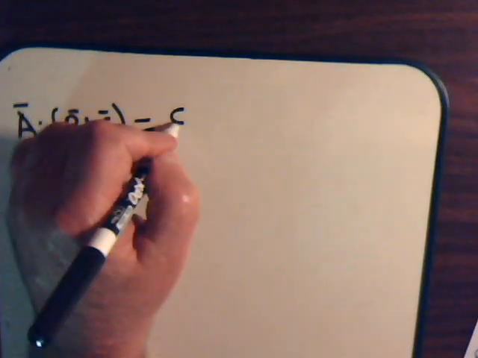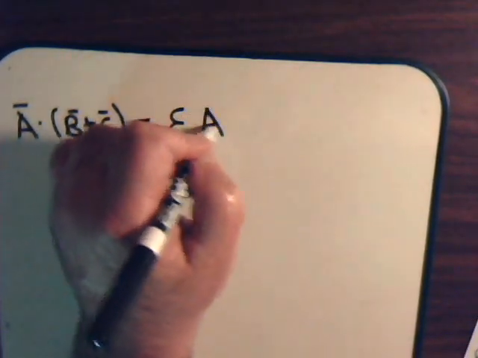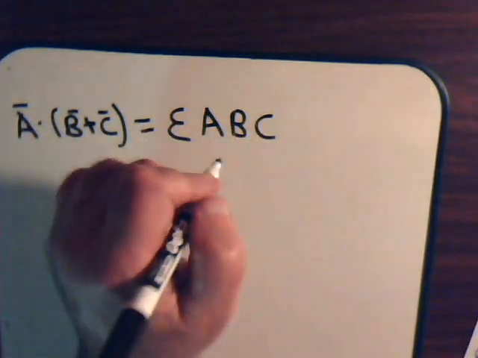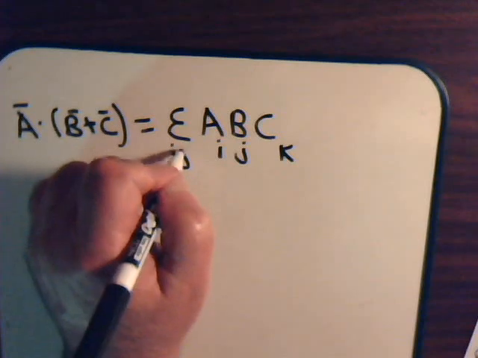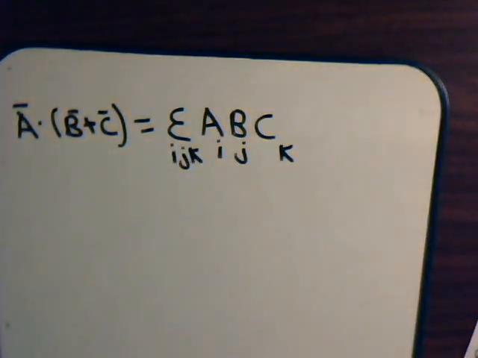So what we have shown then is our scalar triple product in permutation form we can express like this. A dot B cross C equals epsilon ijk A_i B_j C_k.